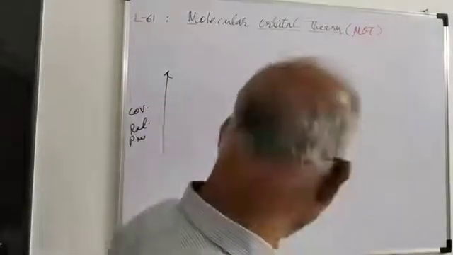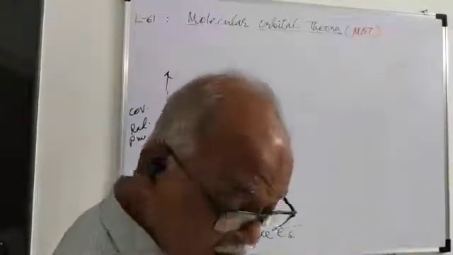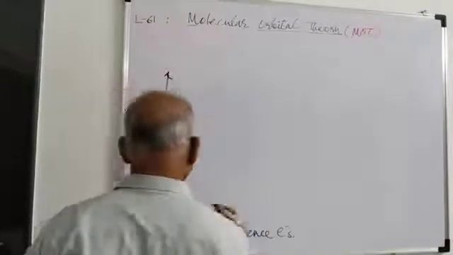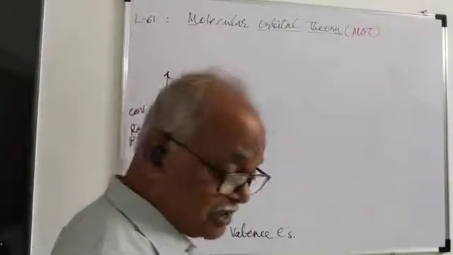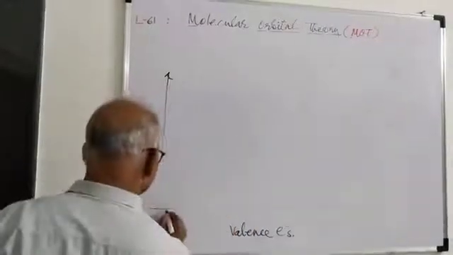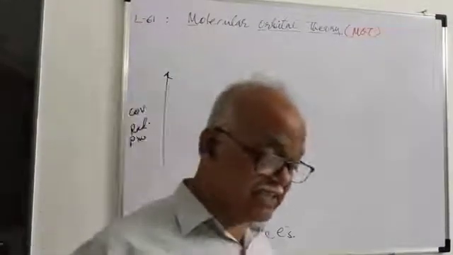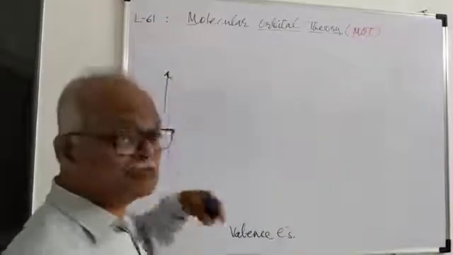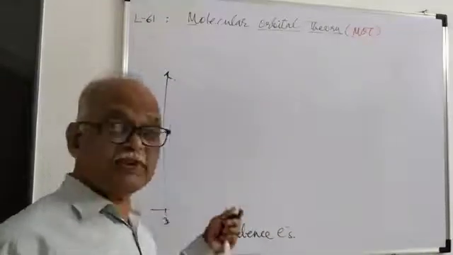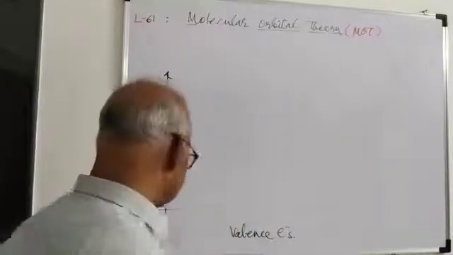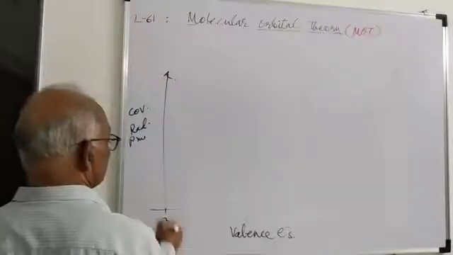So we have seen that the valence electrons are, as we have seen earlier, in case of atoms. We are considering here atoms and not molecules. In the last paragraph we have seen the molecules, but here we are considering the atoms.